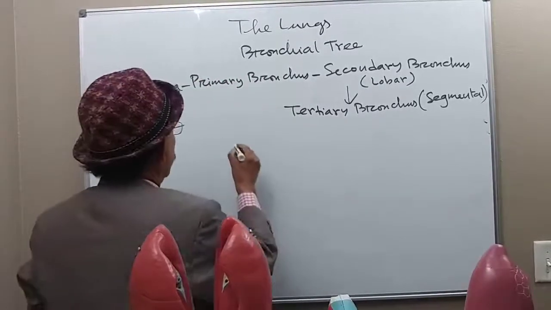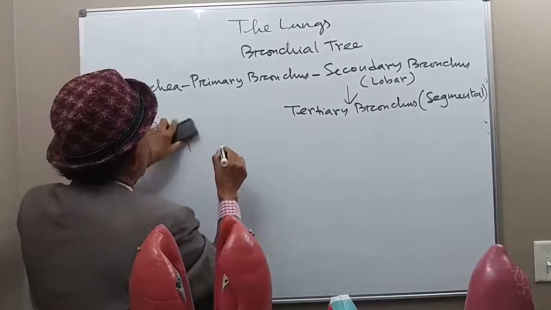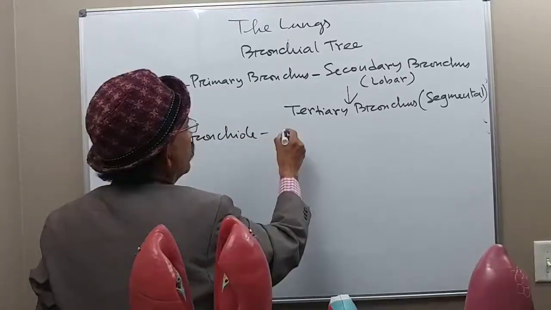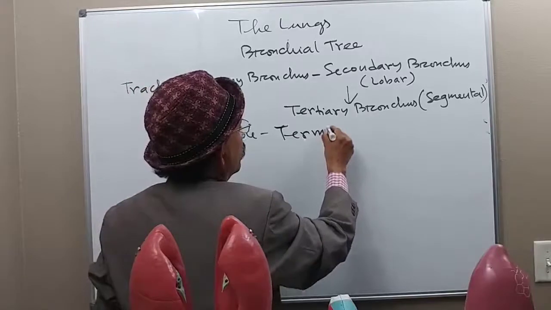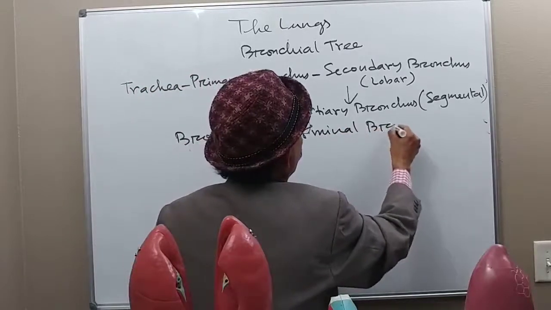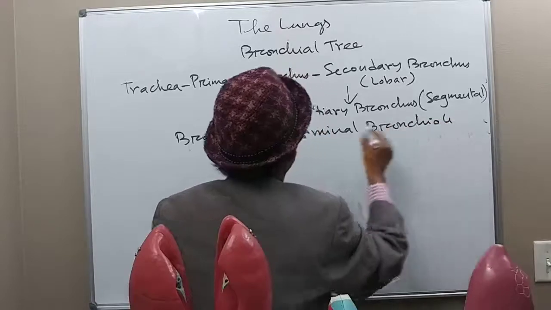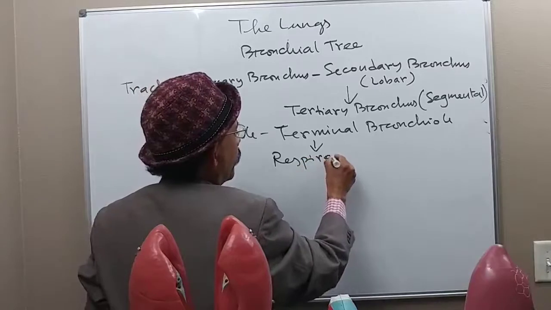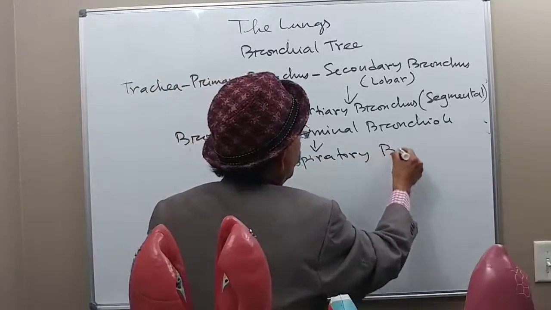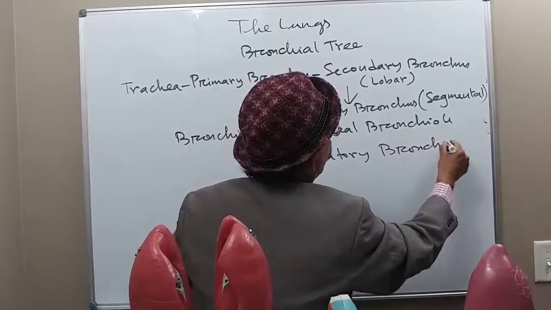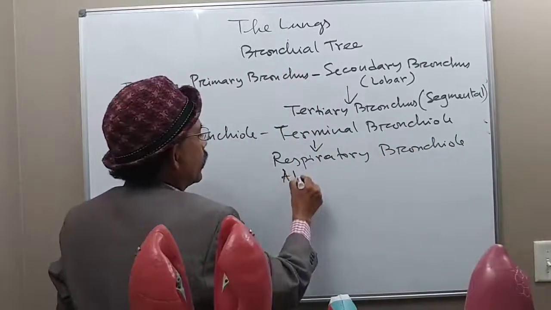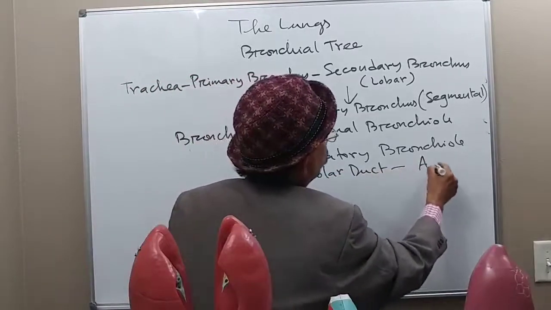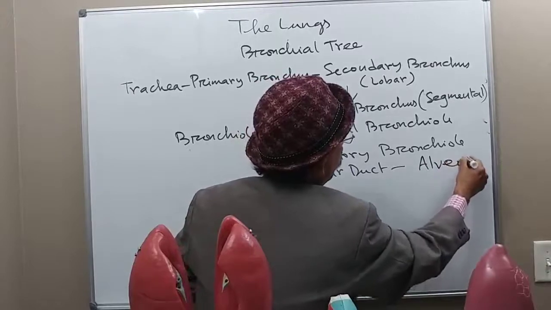Then we'll get the bronchiole, then terminal bronchiole, then the respiratory bronchiole, alveolar duct, and eventually the alveoli.